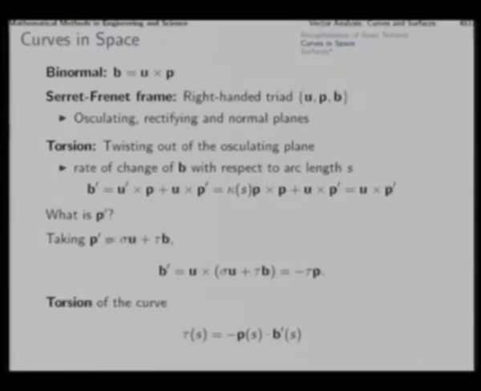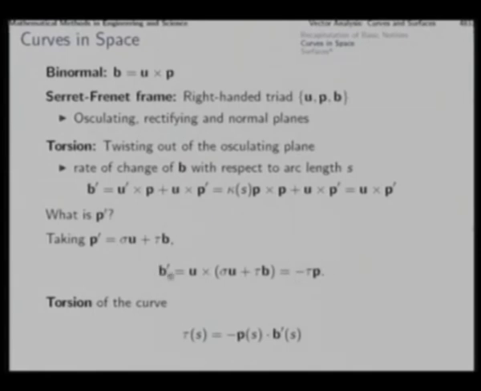So, this kind of an expression with a linear combination of u and b, sigma u plus tau b, we insert here. As we do that, we find u cross this. Now, the first term in this product will involve u cross u, which is 0, and the second term will be tau into u cross b. Now, u cross b will be minus p, because this is a right handed triad. So, we get this.